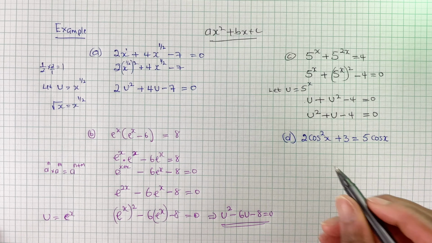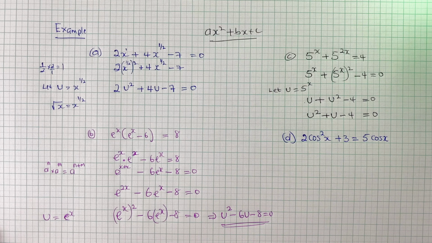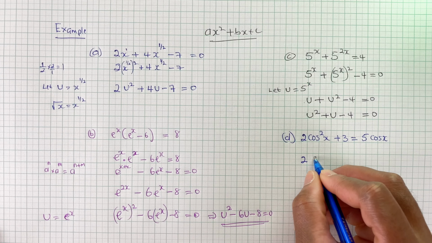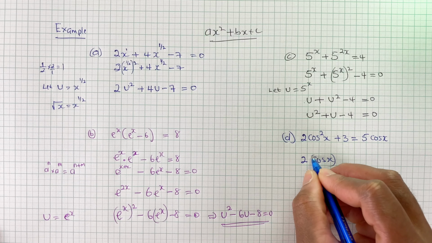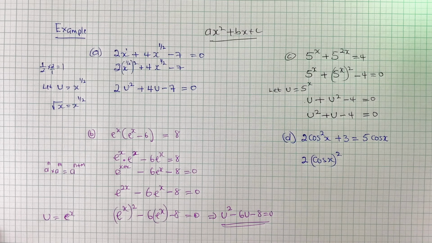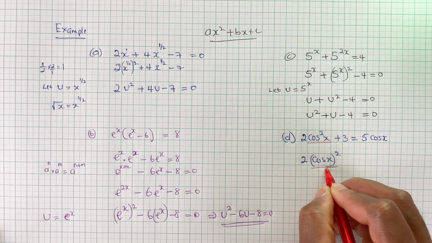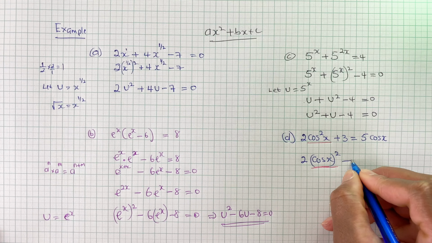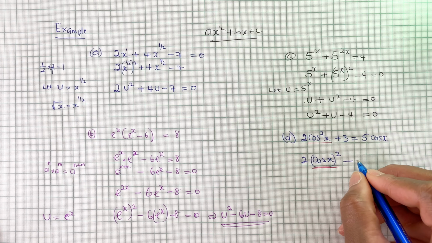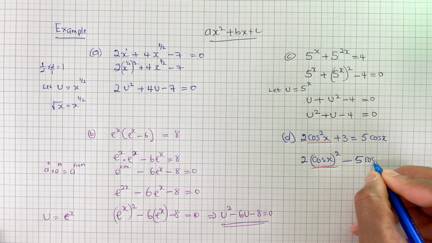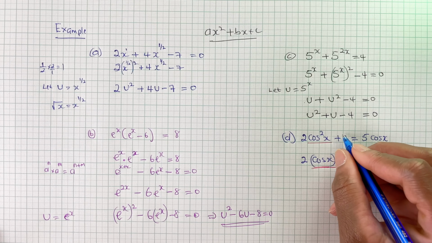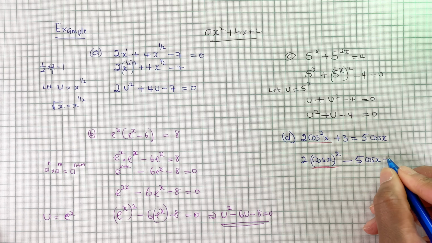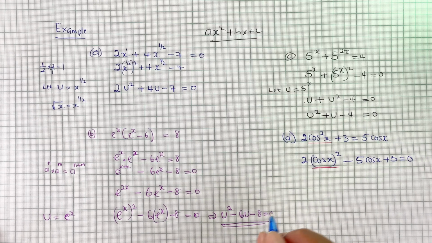Okay, what about this one here? Well, we've got 2cos squared x, which is also written as (cos x) squared. That's the same thing. And then minus, bring the 5cos in, so that would be minus 5 cos x, because there's a minus here, and plus 3 equal to 0.